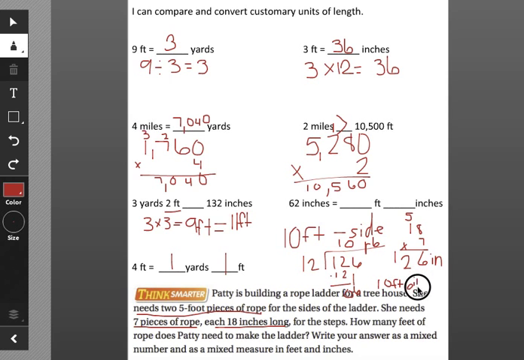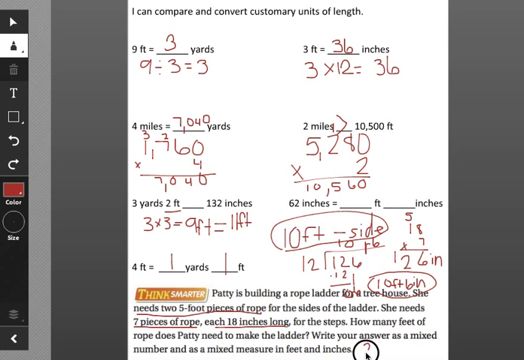So my question, and always refer back to what it's asking you? It wants to know how many feet of rope she needs. Well, I need 10 feet for the side and 10 feet 6 inches for the steps. So I need to add those together.